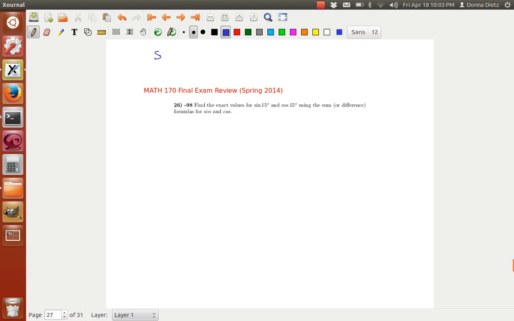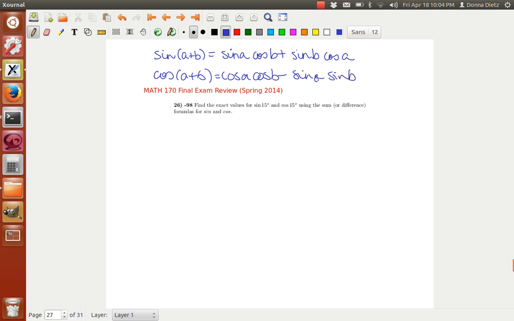We're going to be using sine of a plus b: sine a, cosine b, plus sine b, cosine a, and cosine of a plus b: cosine a, cosine b, minus sine a, sine b. Right? And if you want to use the negative form, it's going to actually just flip those signs around. So if you're a formula person and you need to do that, that's fine.